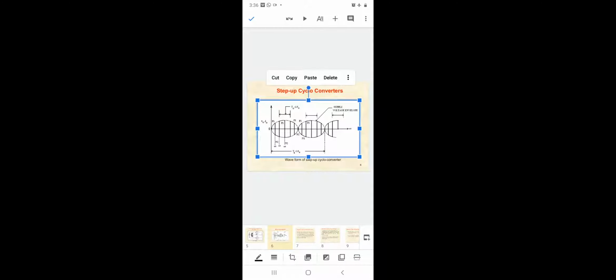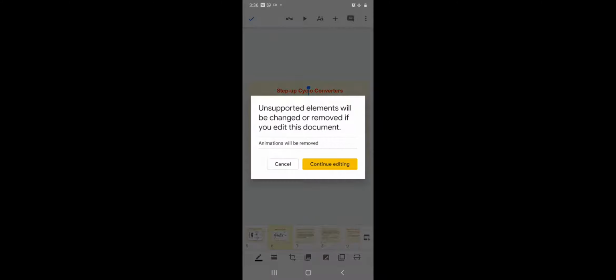Next, at omega T1, P1 is force commutated and the other forward biased thyristor N2 is turned on.